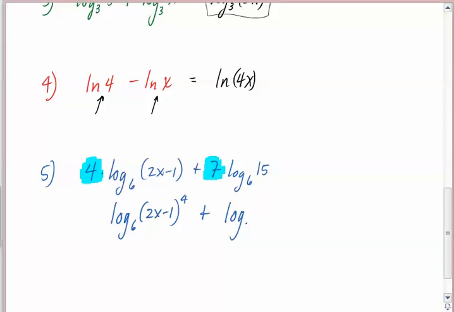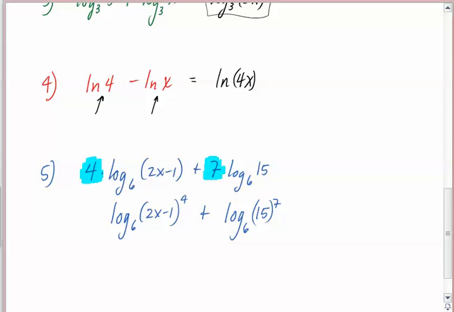Because I actually have to have the log, I like to call it clean at the front. It has to be clean at the front. There can't be anything right here, nothing right there. And so I clean it off. I have to have it clean in front of the log in order to use my product and quotient rules. So I clean off in front of the log, and then I can write it as a single logarithm.